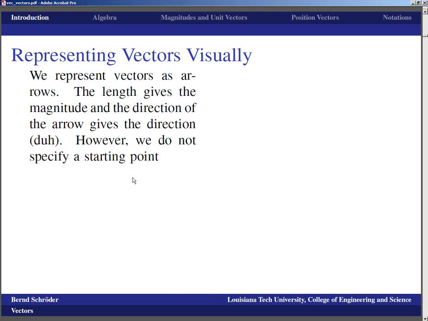And we do not specify a starting point for the vector or a point of action. So if we go back to the volleyball example, the same force applied to the ball or whiffing in the air would be the same force with drastically different consequences, right?